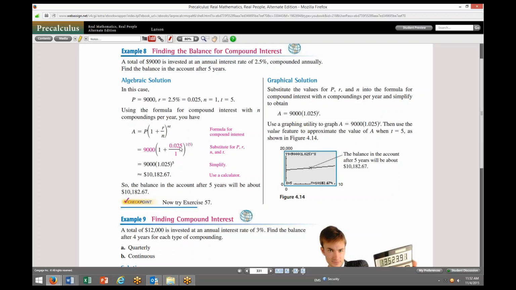For instance, if you have n equals 12 and the interest rate little r is something that's not divisible by 3, then when you divide it by 12, you get a decimal number that goes on forever. You don't want to divide r over n, round it off, and add it to 1, because when you raise it to some big power, most of your powers are going to be more than 5.